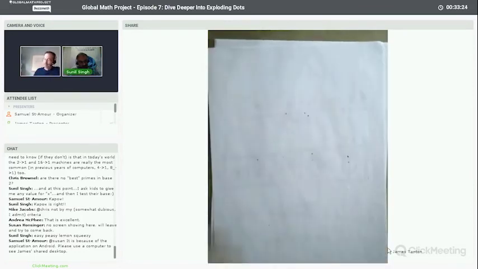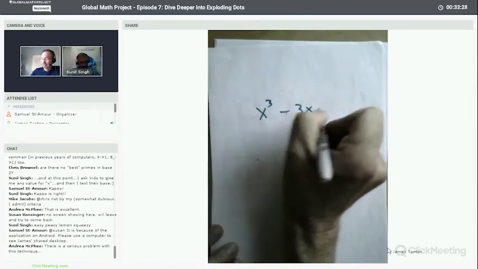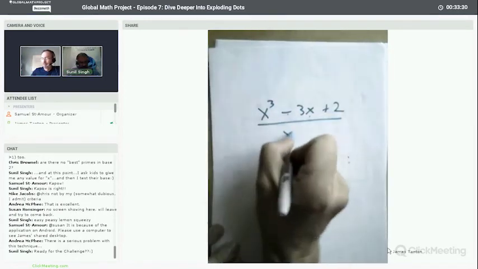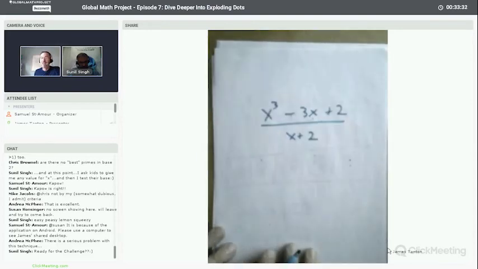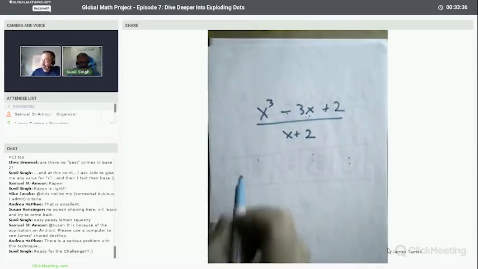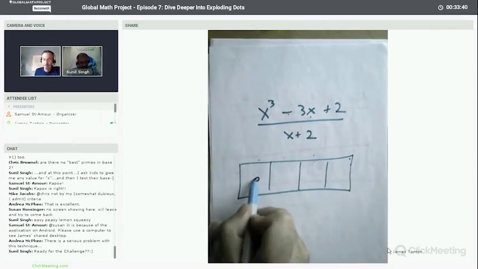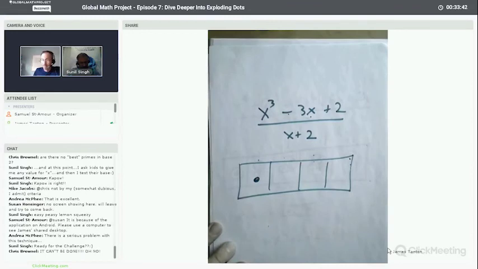What would you do with this one? x cubed minus 3x plus 2 divided by x plus 2. I've been carefully avoiding anti-dots. You can draw a picture. It looks like an x cubed. There it is.